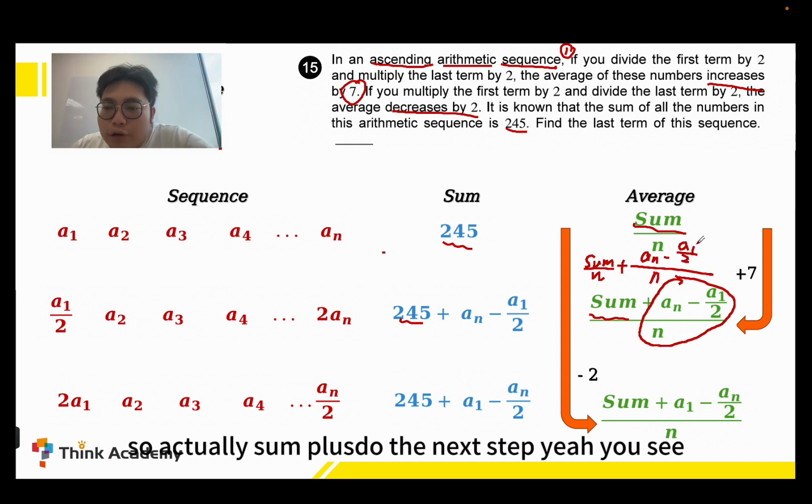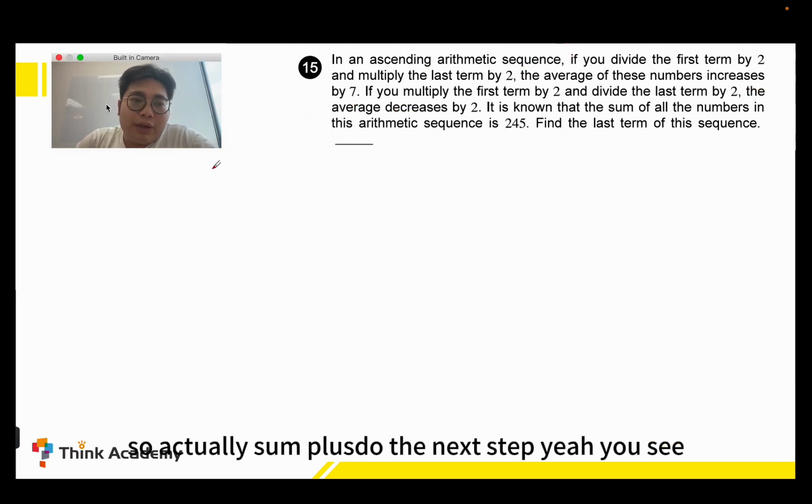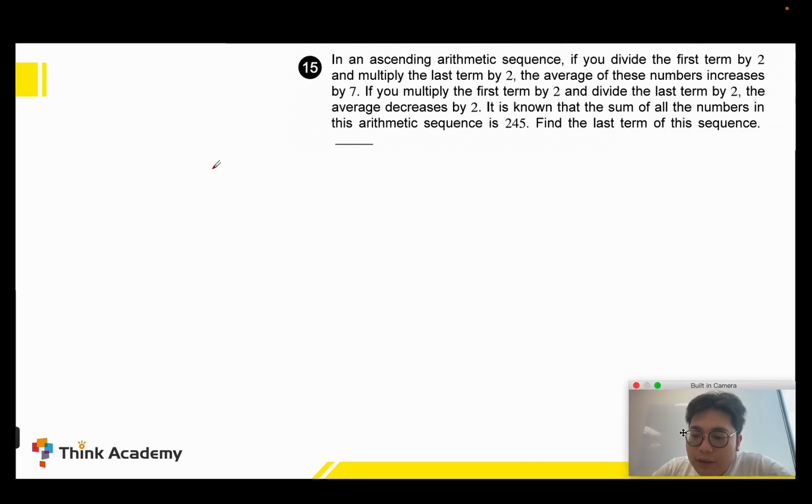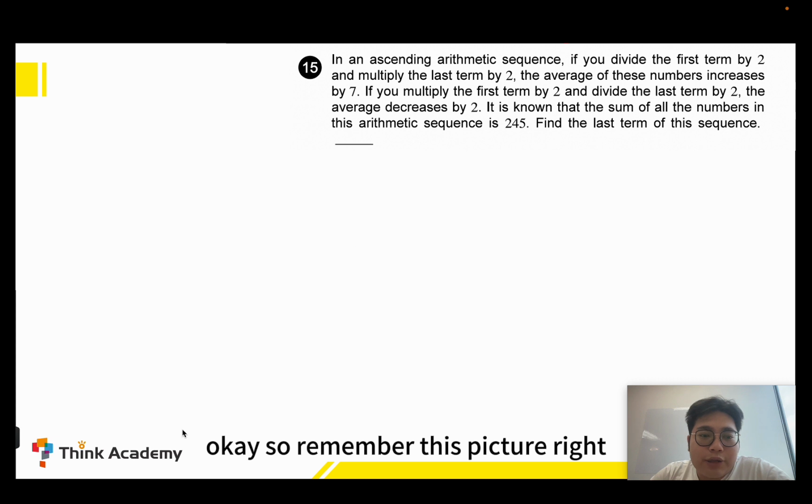So this part is just 7, and the same as minus 2, which means this part is minus 2. So actually we know some relationships. Now we can do the next step. Remember this picture.